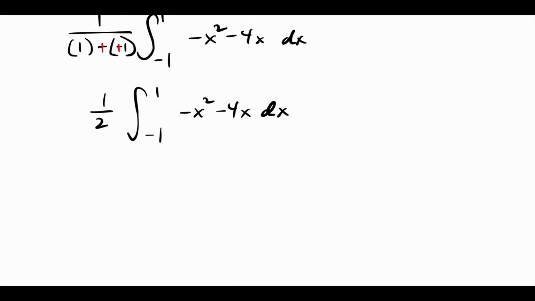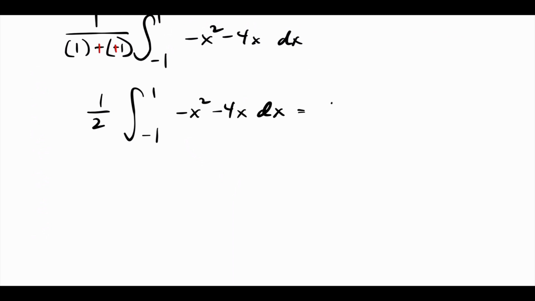So it's going to be the antiderivative of negative x squared. I add a power. So if I add a power, I make it 3, right? Divide by that new power. So instead of dividing by 3, I'm going to multiply by 1/3. The negative 1 comes from the front.